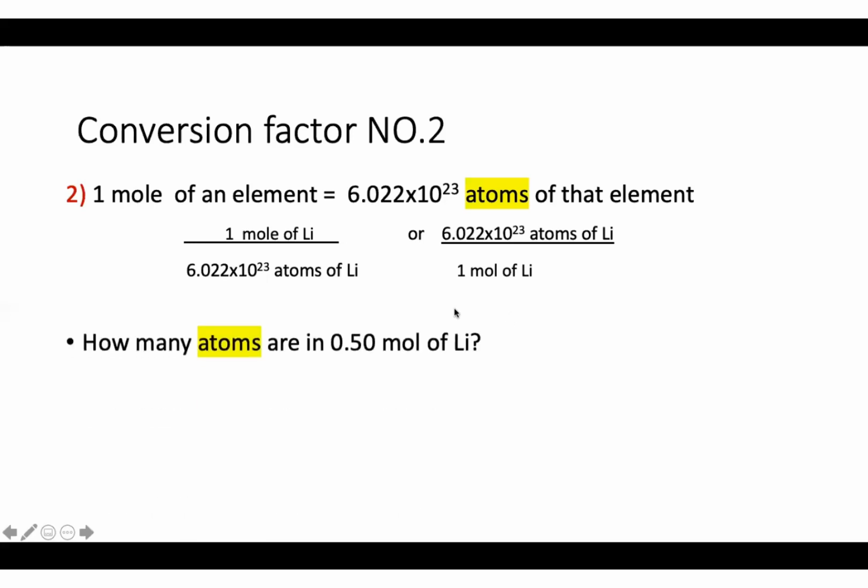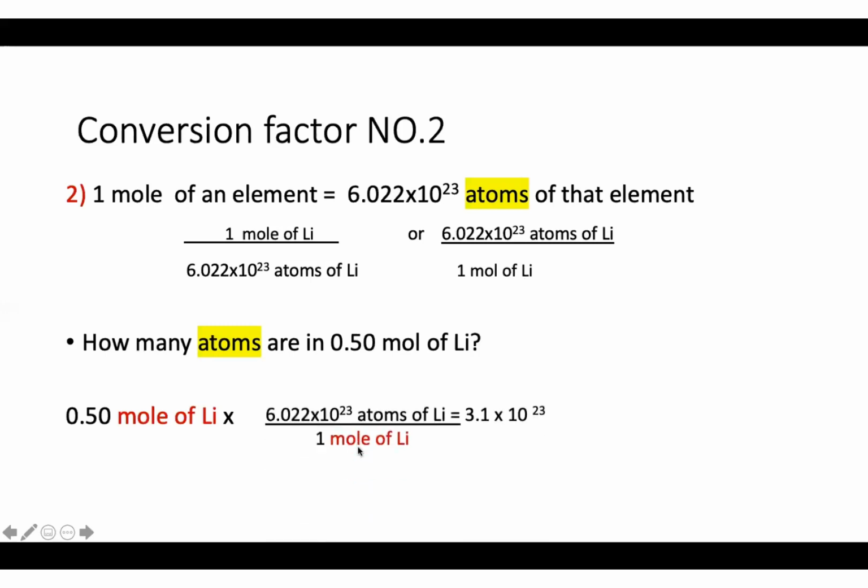Let's do a question. How many atoms are in 0.50 mole of lithium? I start with a given number, and then from these 2 equations, I should use the one that has mole of lithium in the denominator, to match the unit in the previous numerator.